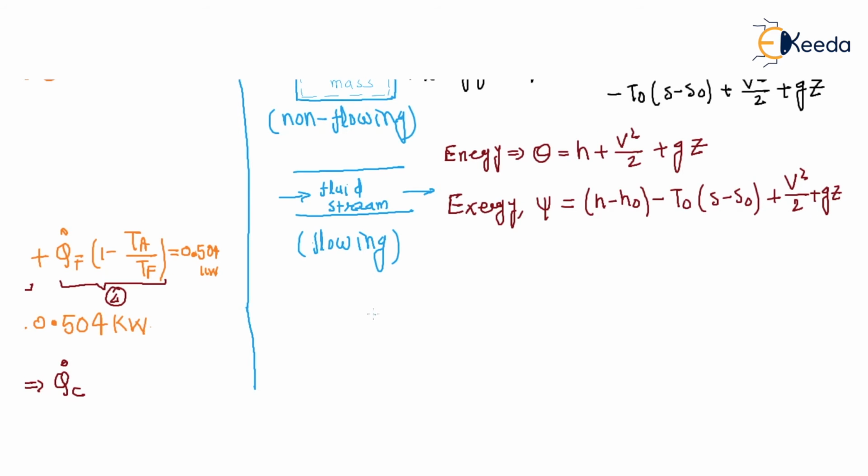So if there is a channel in which the fluid is flowing at a given enthalpy, with given change in enthalpy and change in entropy, and its flow velocity is given.